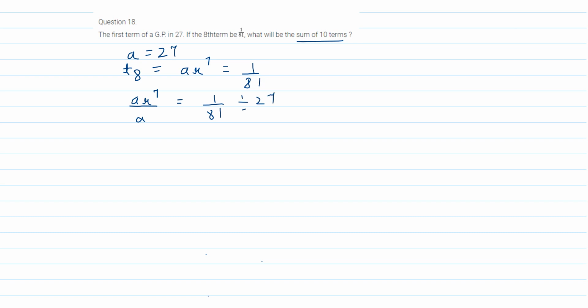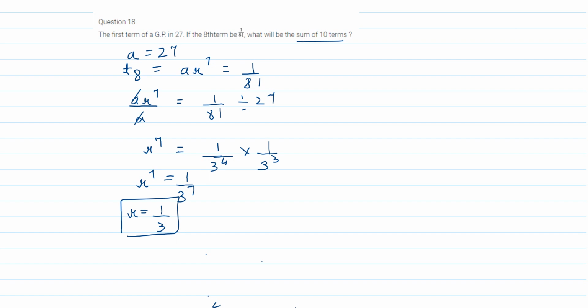So as a gets reduced, you get r raised to 7, and 1 upon 81 is nothing but 3 raised to 4 into 1 upon 3 raised to 27, which is nothing but 3 raised to 3. So r raised to 7 is nothing but 3 raised to 7, so r is equal to 1 upon 3. I have my a, I have my r, and I have to find the sum of n terms.